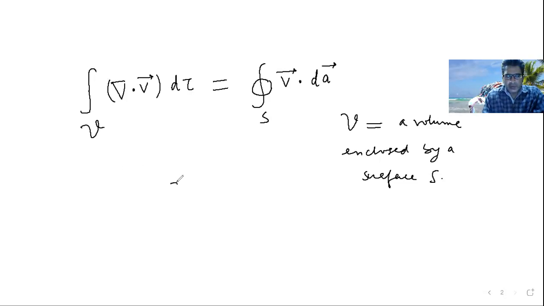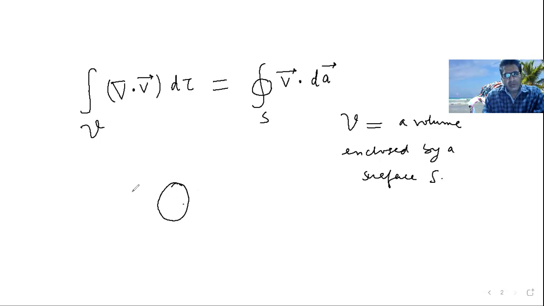If you take any volume, for example, it may be a sphere, a volume can have any shape. Now any volume is bounded by some surface, right? For example, if I have a ball, this ball contains some volume, right? It encloses some volume and it has a surface, the boundary of the volume.